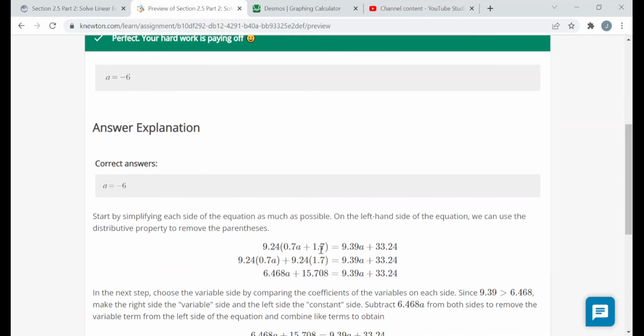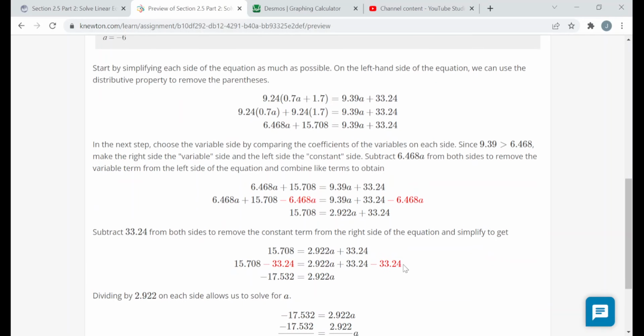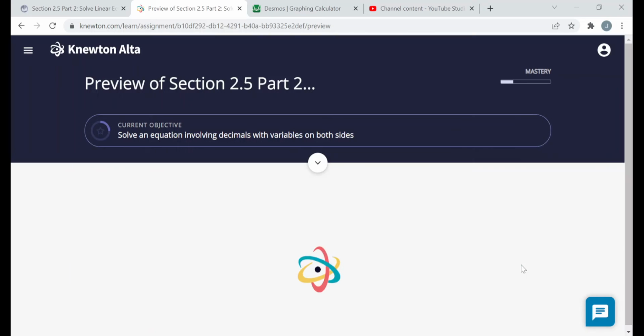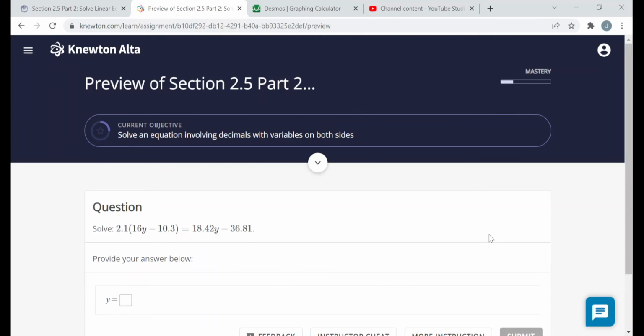See, even they're doing the same thing that I suggest, clear parentheses first before you clear decimals. And they didn't even clear the decimals. I mean, you don't have to clear decimals, but people very often just don't like working with decimals or fractions, so it doesn't hurt to clear them first.